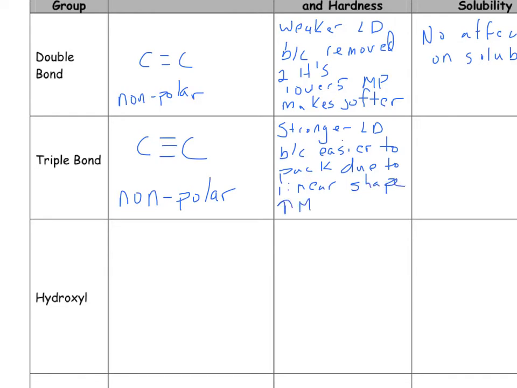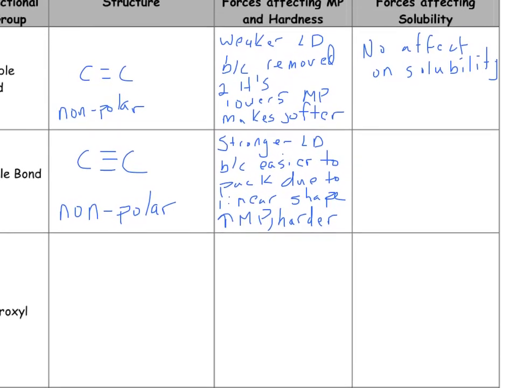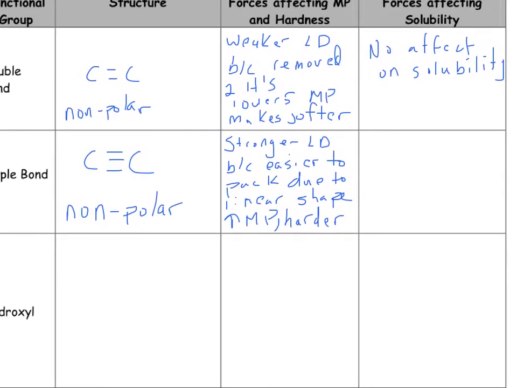This increases the melting point and makes the compound harder. In terms of solubility, because adding a triple bond does not change the polarity of the compound, it has no effect on the solubility.